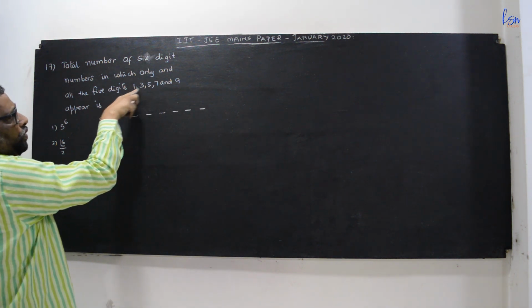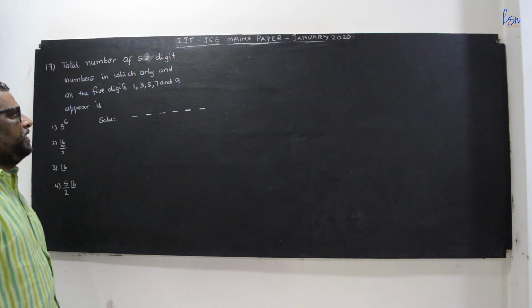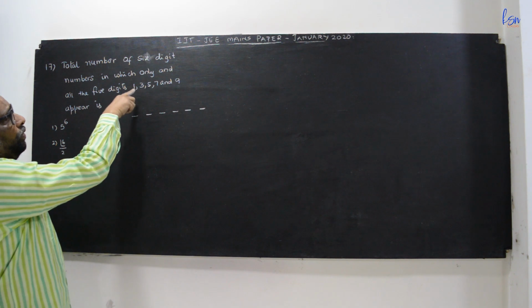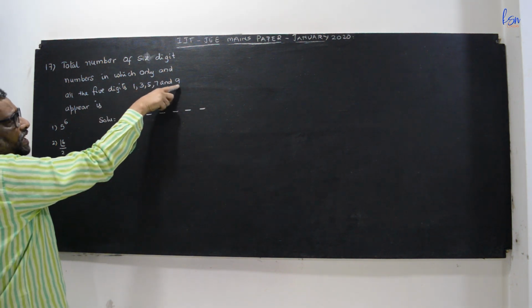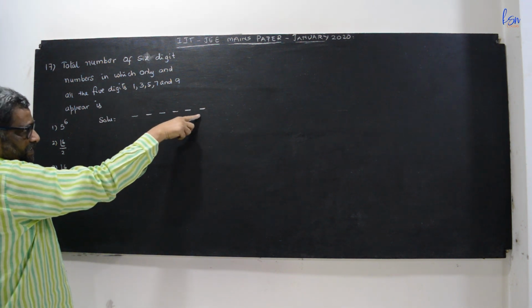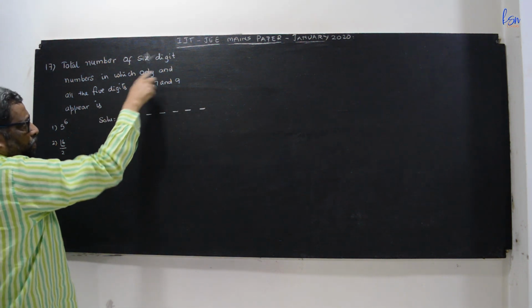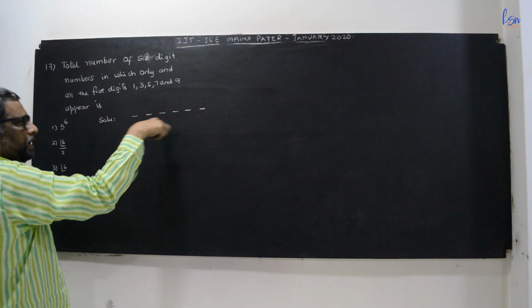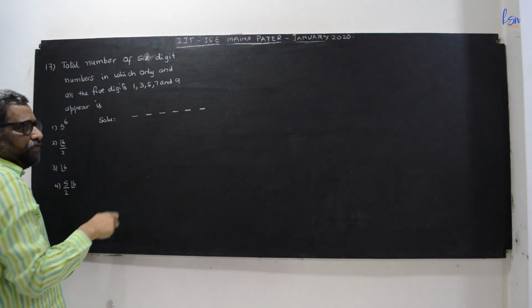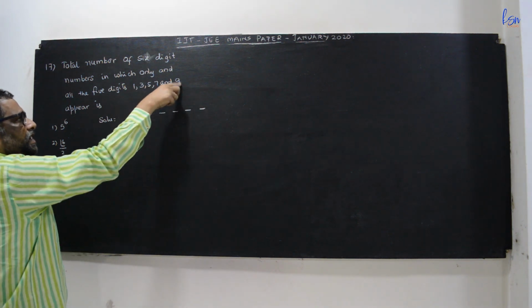But we are given only 5 numbers 1, 3, 5, 7 and 9. So one of the digits must be repeated. So first of all, we have to select one digit among the 5. Here there being 6 places and only 5 numbers, if you fill 5 places with 5 digits, one place will be left over. For that place, you have to select one of the numbers.